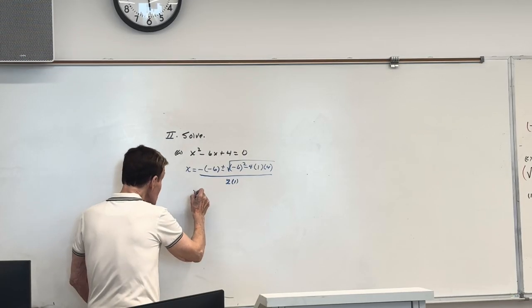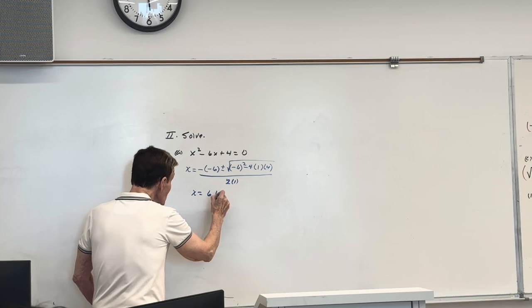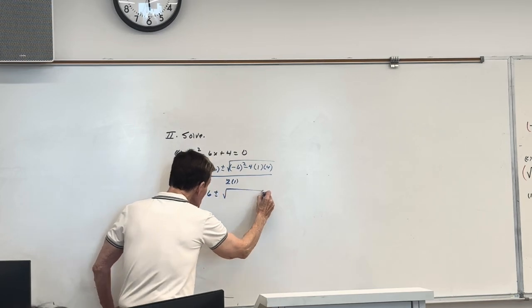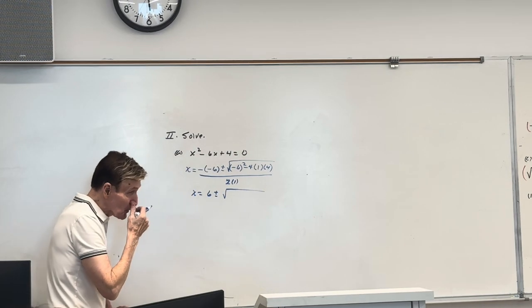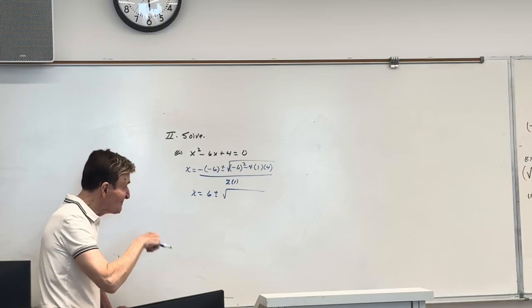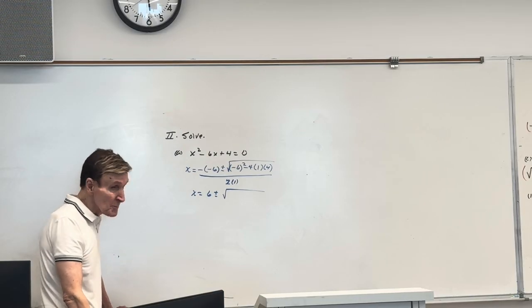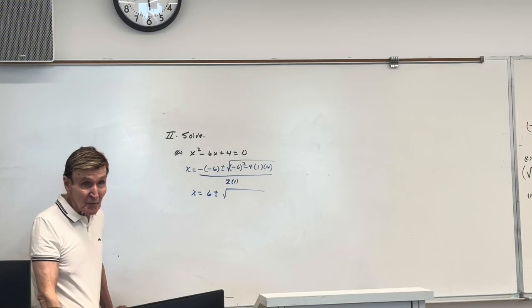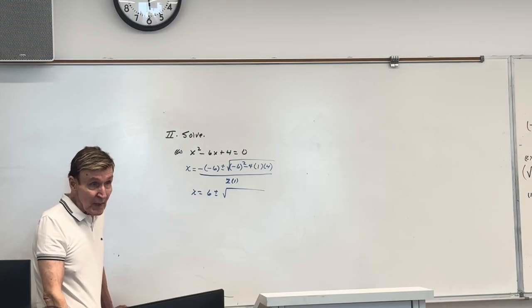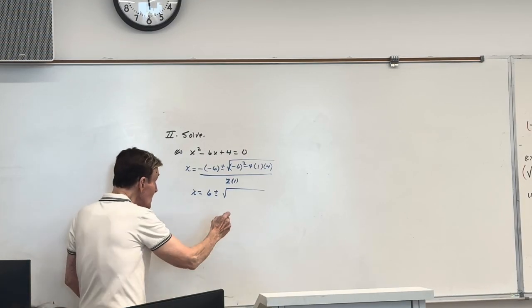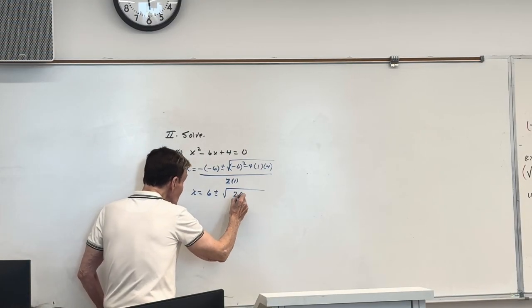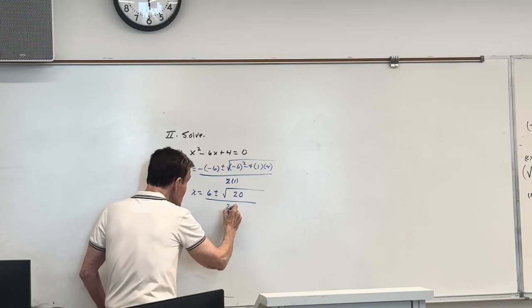X is equal to 6 plus minus the square root. Now guys, underneath that square root, be careful. I think this one says 36 subtract 16. And 36 subtract 16 is 20, all over 2.